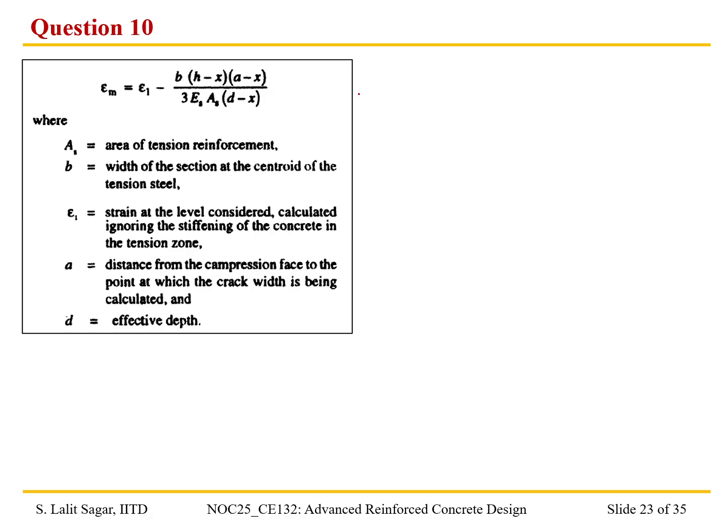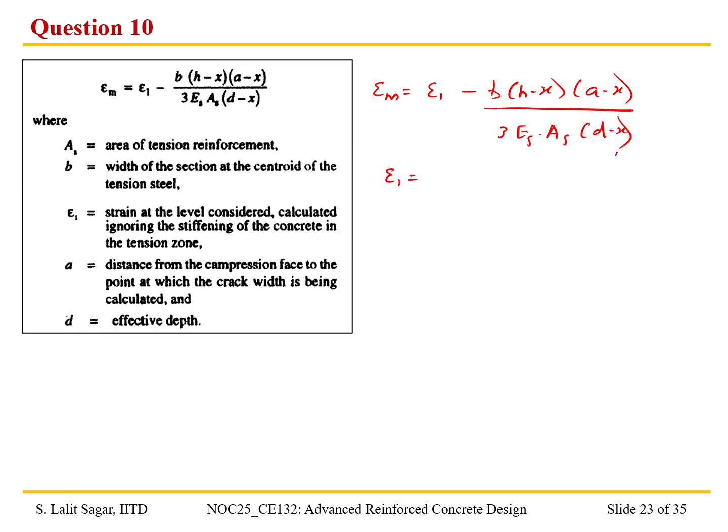Okay, so here epsilon m is equal to epsilon 1 minus b into h minus x into a minus x divided by 3 into Es into As into d minus x. Okay, so we have epsilon 1.